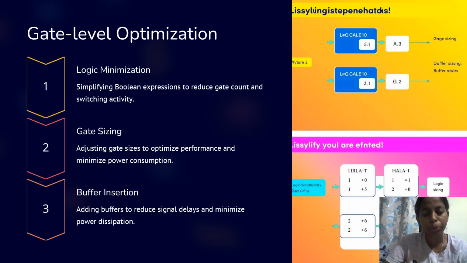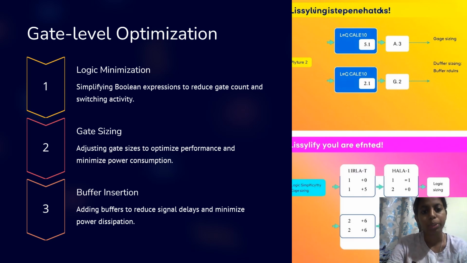Now let's come to gate level optimization. There are three steps: logic minimization, gate sizing, and buffer insertion. Let's see one by one how the gate level optimization is done. The first one is logic minimization: simplifying Boolean expressions to reduce gate count and switching activity.